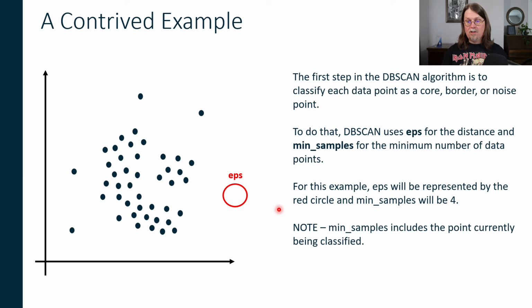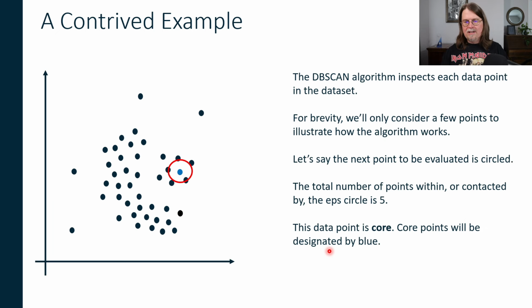Now, in the definition of DBSCAN provided with scikit-learn in Python, min samples, this number 4, includes the current data point. That's a bit abstract, so let's get started. Imagine this blue data point right here is the data point we're currently looking at, because DBSCAN is going to look at every single data point one at a time and apply all of these rules and definitions.